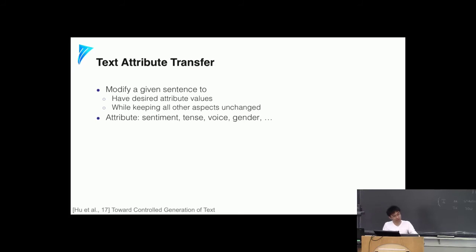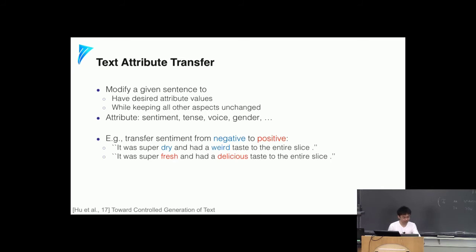Say this attribute can be sentiment, tense and voice, or gender. This is an example. We want to transfer sentiment from negative to positive. Right? Given this sentence, like "it was super dry and had a weird taste," we want to generate a sentence like "it was super fresh and had a delicious taste."